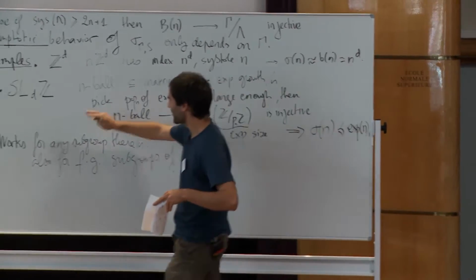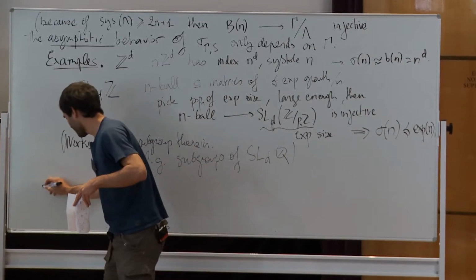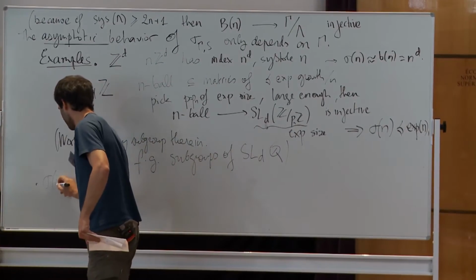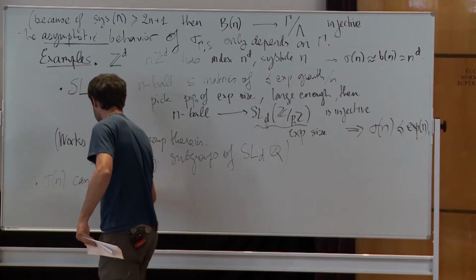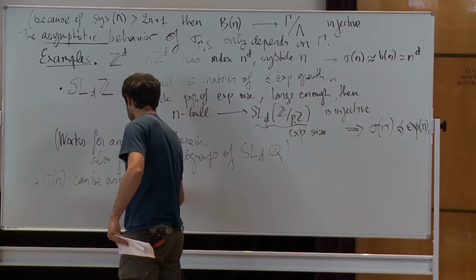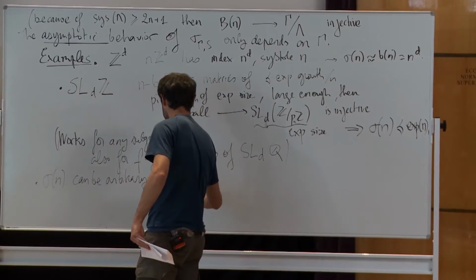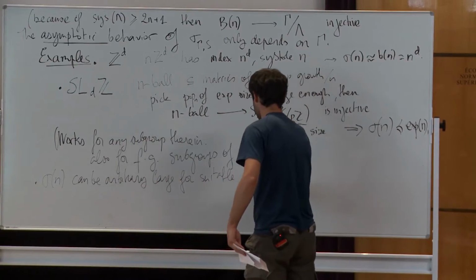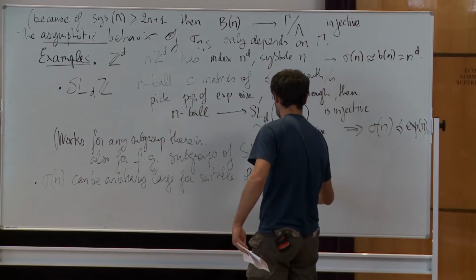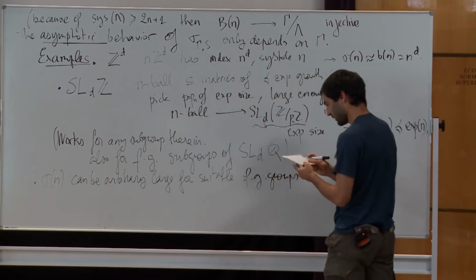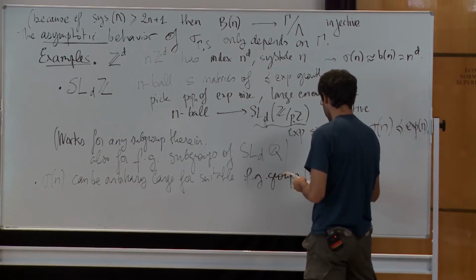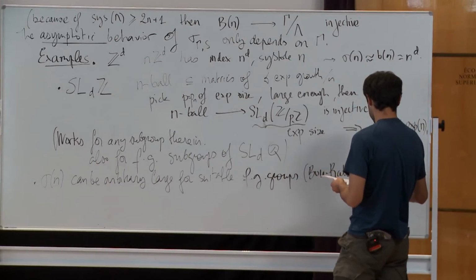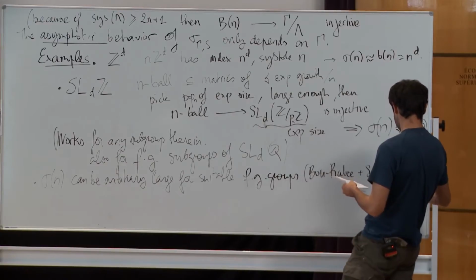Okay, I will go back to this, but I want to say something before I forget it. It can be large. Can be arbitrarily large for suitable finitely generated groups. That's due to Bou-Rabee and Seward.